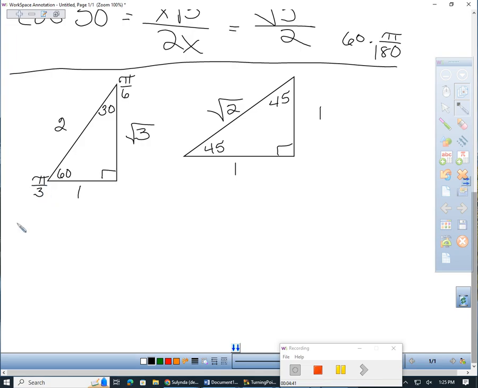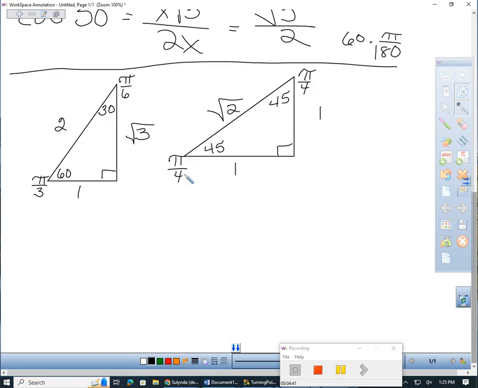On my 45-45 triangle, if I were to take 45 times pi over 180, we get pi over 4 in both corners. We're going to start thinking in radians. Now you'll notice, if you look back at my clock, starting at 0, my smallest measure you'll see there is pi over 6.